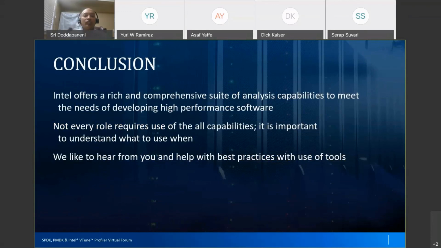Just understand your role and need and figure out what things to focus on. And if in that part we haven't given enough guidance, we would love to get your feedback on how we can make it easier for you to figure that out. In general, we're looking for your feedback, and thank you for listening.